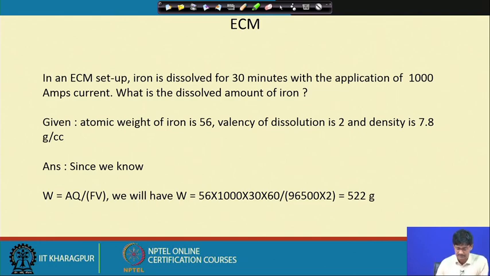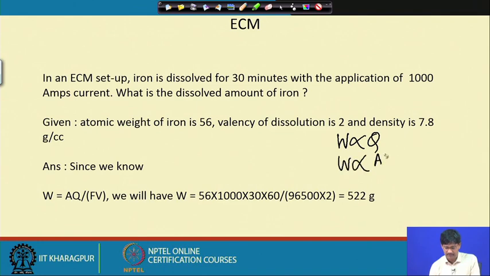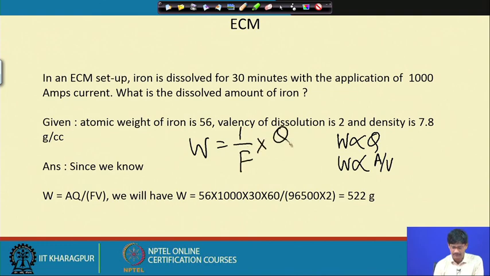What do we know from previous calculations? If you remember, we had weight proportional to Q, weight proportional to A by V, and therefore weight is equal to 1 by F into Q into A by V. If we take material removal rate, we divide by T, so that this becomes current.